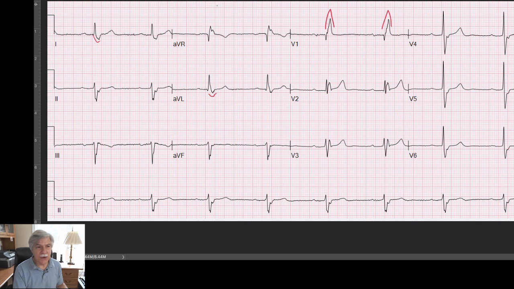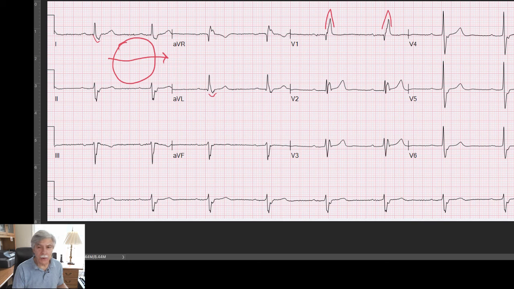But what's the QRS axis in the limb leads? Remember how you have to look for the axis, and if you're not sure about axis, I have a whole course on 12-lead analysis on ecgacademy.com, so you might want to check that out.